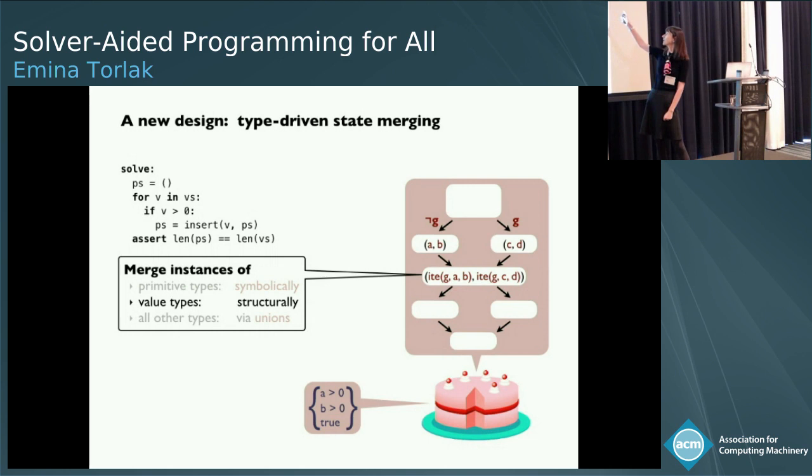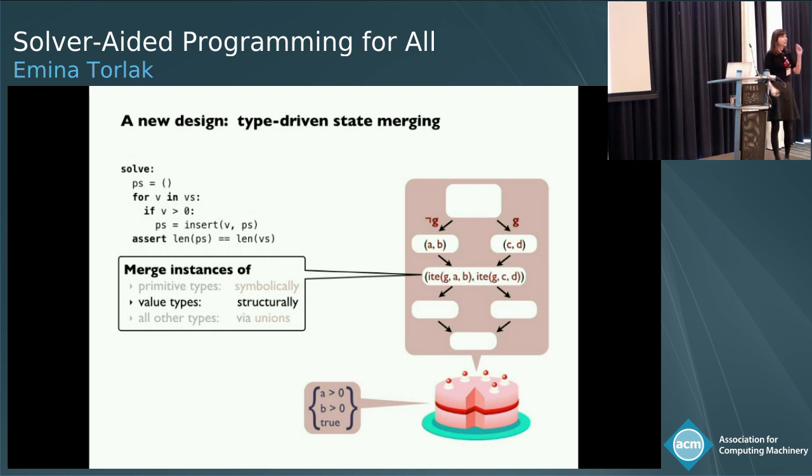So if A, B, C and D themselves are not primitive values, it will just do the right thing automatically. The reason why this helps is that the outermost list is no longer symbolic, right? It is concrete. We can operate on it using the underlying Racket language, right? We can do car and cdr and cons. There's no problem. It's just a Racket list that contains some symbolic values.